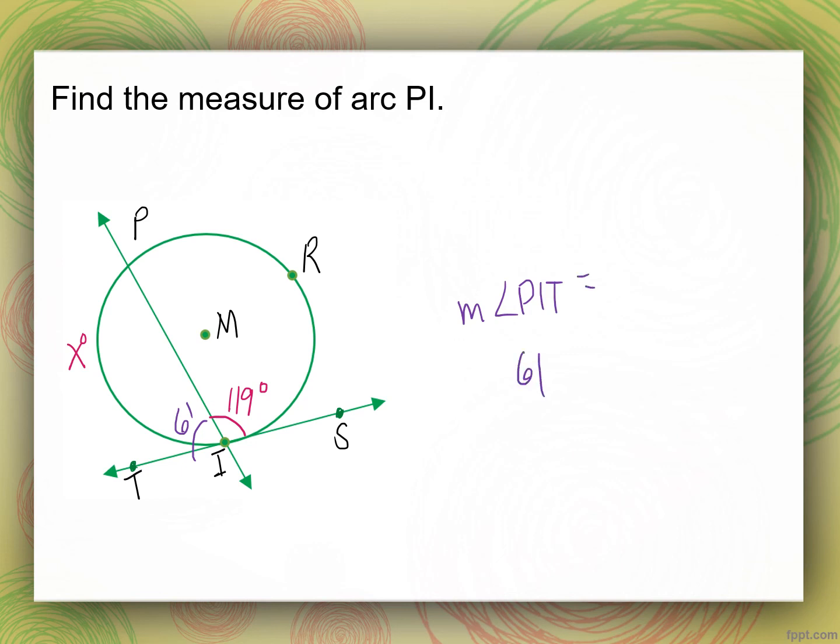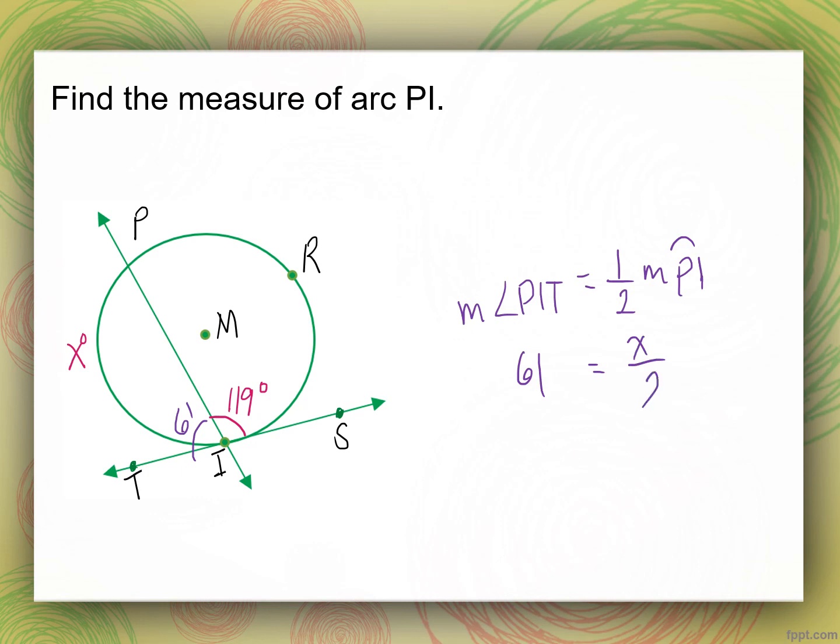So the measure of angle PIT here is 61. Now, based on the previous theorem that we have learned, the measure of your angle here is equal to 1/2 the measure of your intercepted arc, which is arc PI, which we also mark as x. So doing that, we will have x over 2.